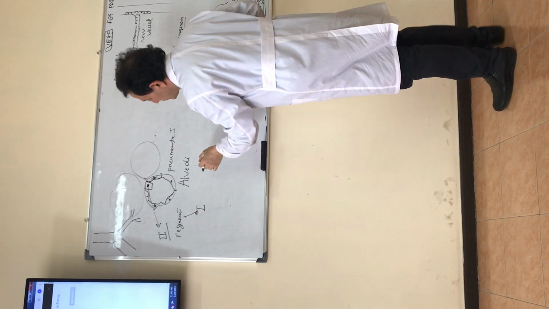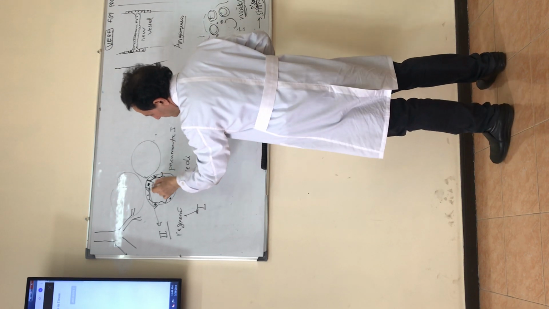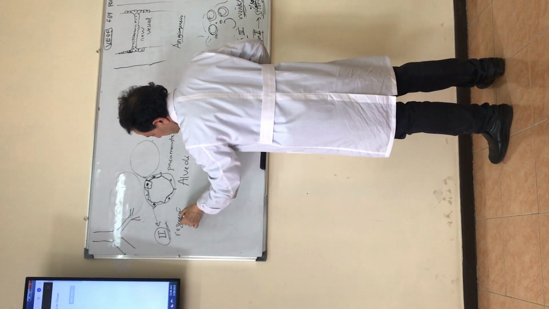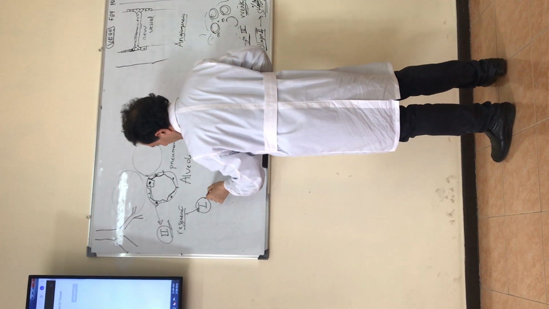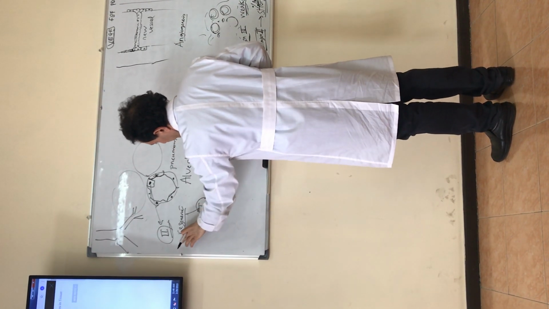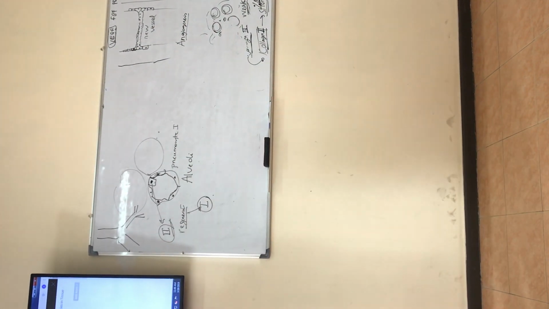So if there is injury to alveolar cells, type 2 pneumocytes have the ability to regenerate and make new type 1 cells. So in lung, this is what happens when there is lung injury.